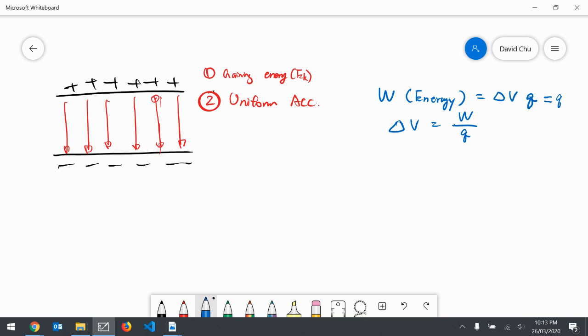Normally we express this as Q times delta V, but in our context, we're going to do it a little bit differently, because we're going to do some deriving. Okay, so that's what we know.